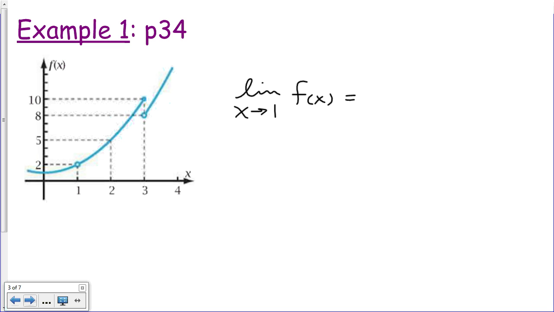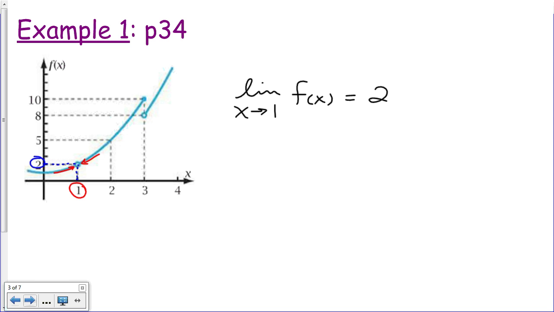When you look at the graph, as I approach 1 from both the left and the right, I've got to see what y value my function is approaching. Even though there is a hole in the graph there, from the left and the right I'm approaching the value 2. So as x goes to 1, the y value I'm approaching is 2. That is our limit, so the limit is 2.